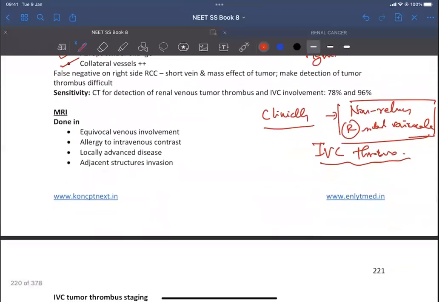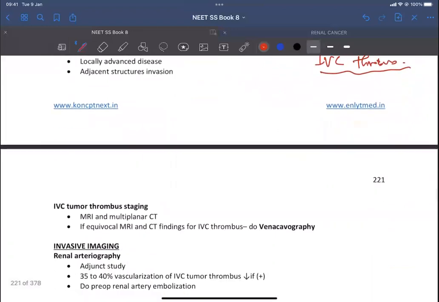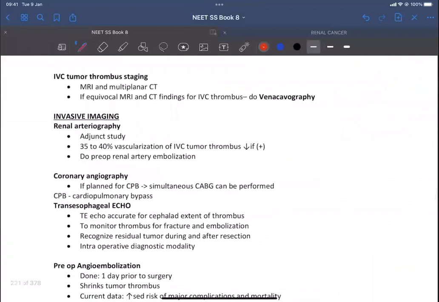And if you're in doubt, an MR venography gives pretty good results. And yes, if you're still in doubt, that will be the gold standard, traditional venocavography.